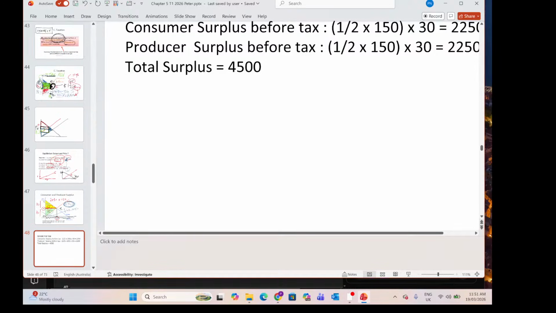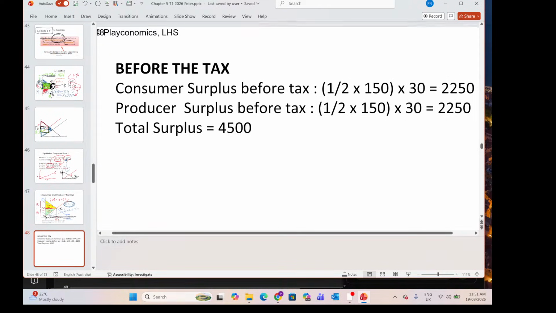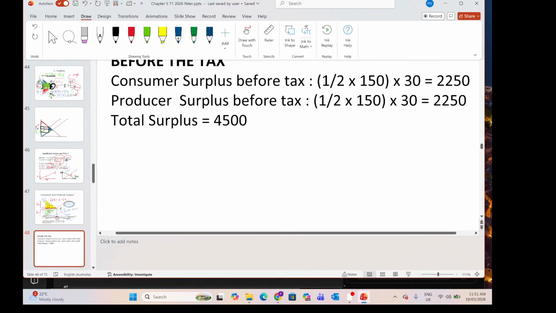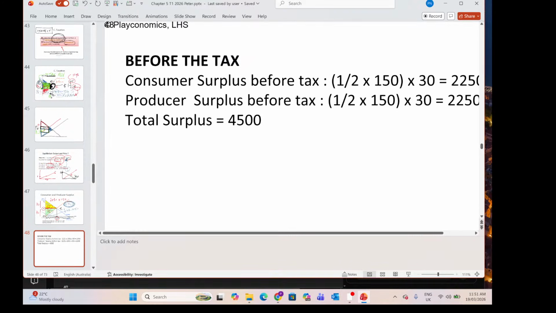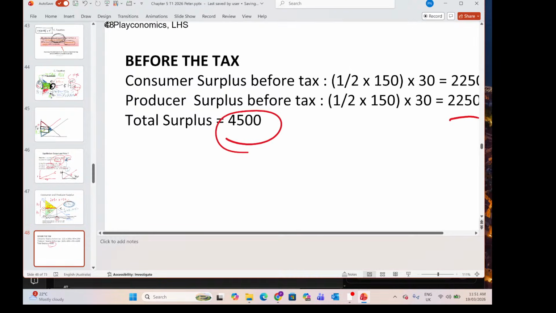Then we've got the same information on our next slide. We've just put our calculations on the next slide. There are a few points to concentrate on here, but the main point is the total surplus, and of course the size of the individual surpluses.